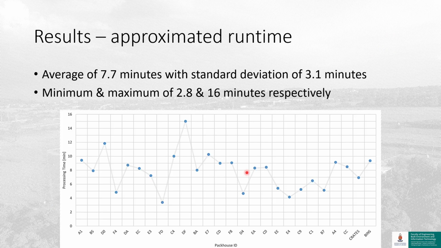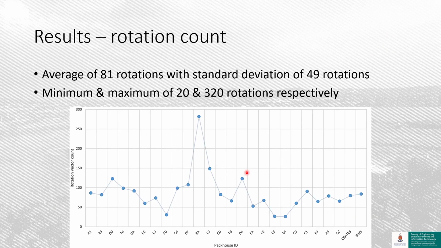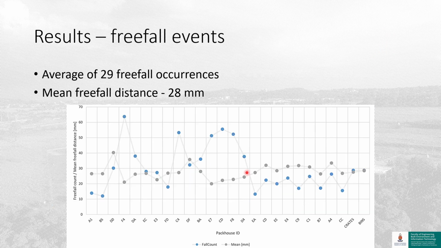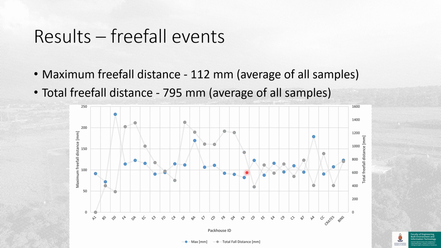Typical results for runtime, on average it's 7.7 minutes with a standard deviation of 3 minutes. On average, the SMAVOs will rotate 81 times with a standard deviation of 49 rotations. 29 free fall events on average per SMAVO, so quite a number, with the mean fall distance only 28 millimeters.